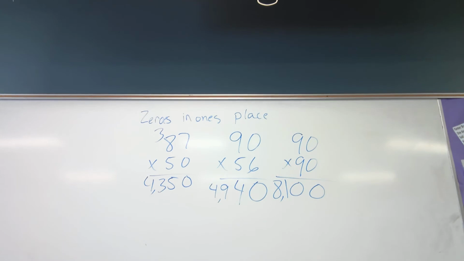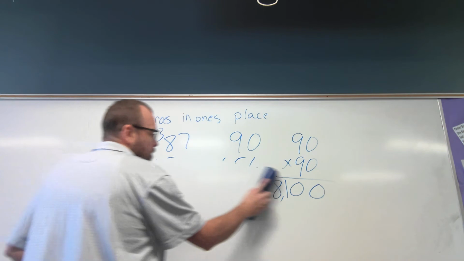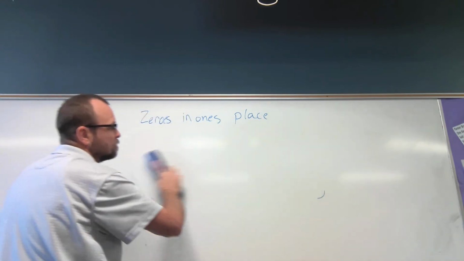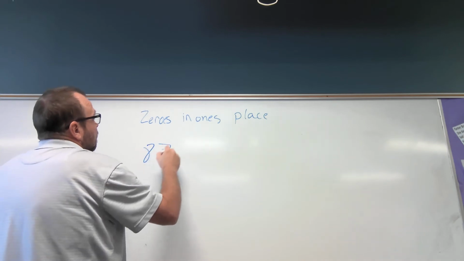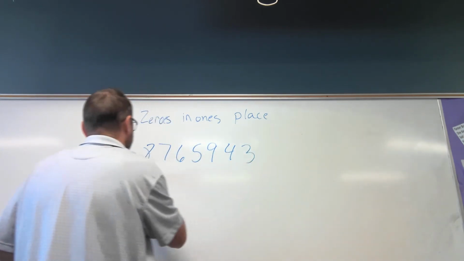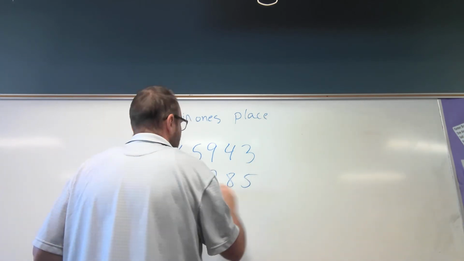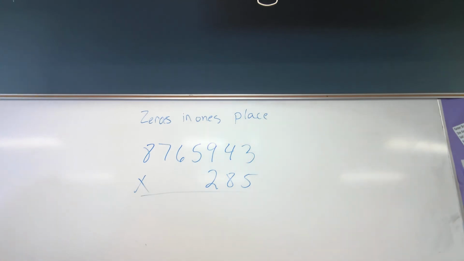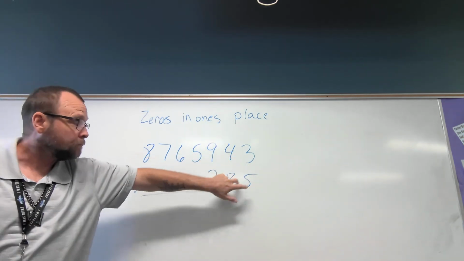That is it. If I had a problem that had super big factors, and I said, hey, solve that problem, all I'm multiplying is 5 times 3, 5 times 4, 5 times 9.